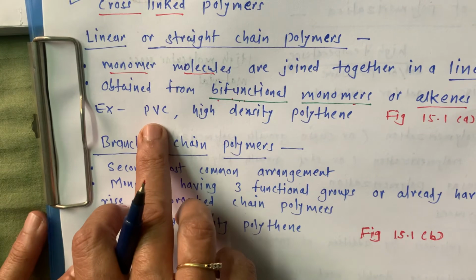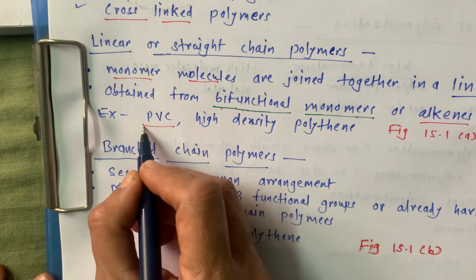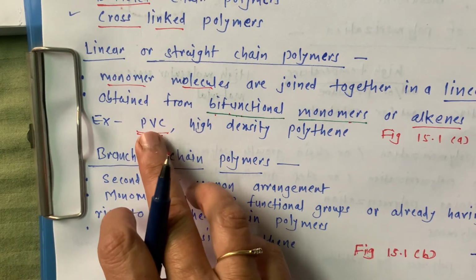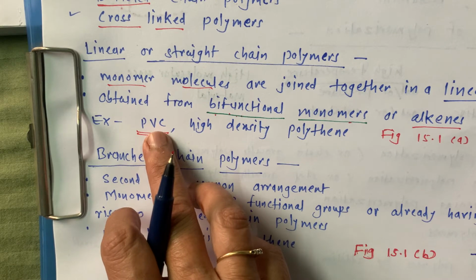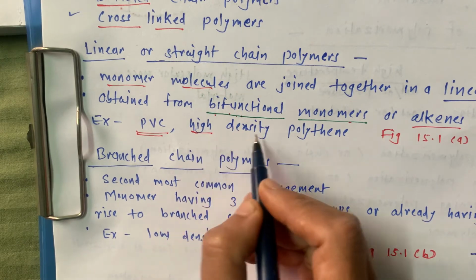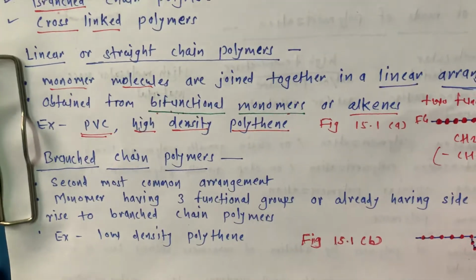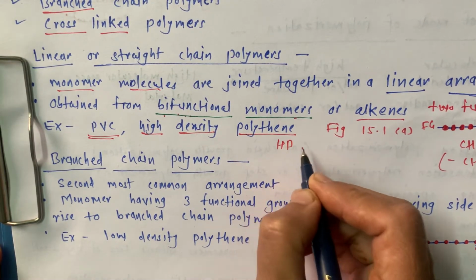An example is polyvinyl chloride: PVC pipes, PVC tubes, PVC wires, all of this is polyvinyl chloride, where we have a double bond and the monomers link to each other. Similarly, in the linear type we get high density polythene, short form HDPE.